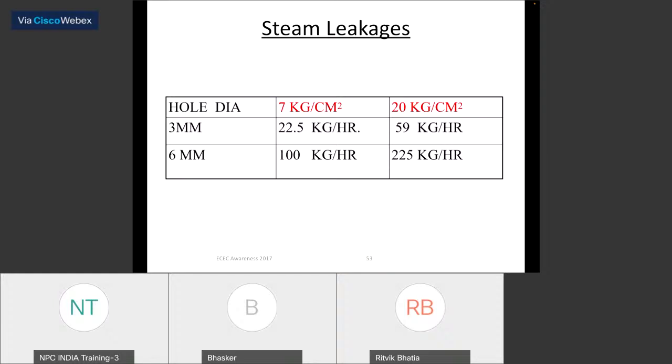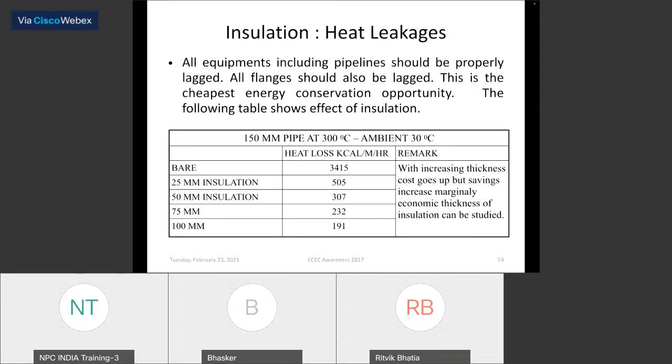These are for the steam leakages, also the same thing, and the insulation heat leakages. If you find in any industrial sector the temperature difference between the atmospheric temperature and the temperature of the surface of an equipment is more than 10 degrees centigrade, then there is a possibility of putting up insulation. And insulation, just see the first one: bare heat loss is 3415 kilocalorie, and if you put 100 mm insulation, it is reduced to 191, I mean, the total losses are less than 5%.